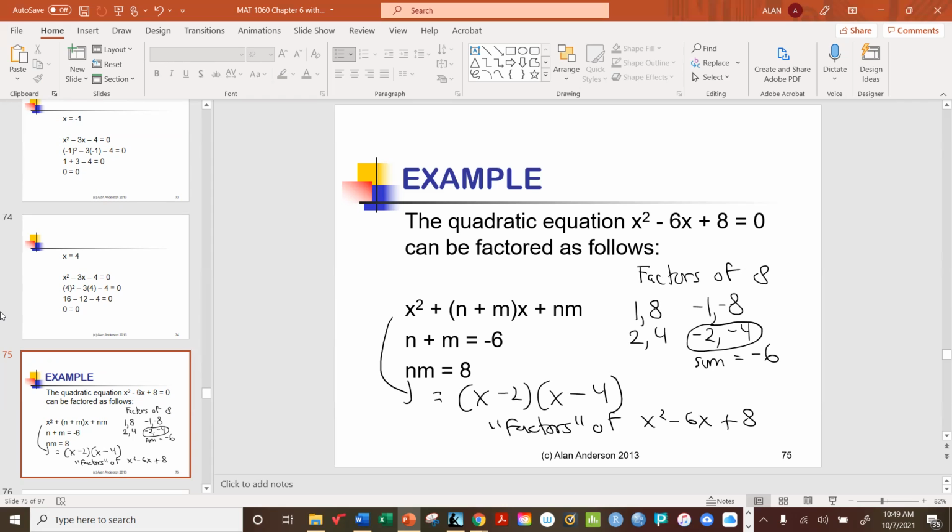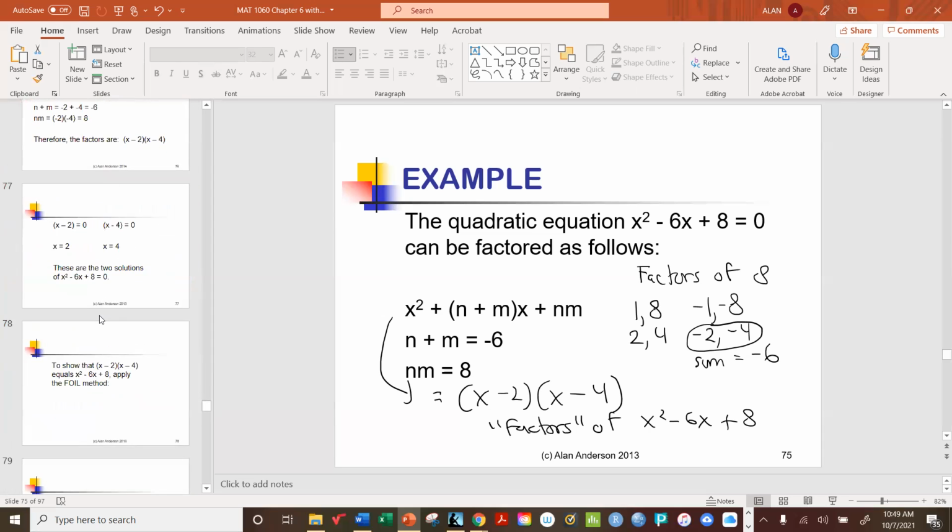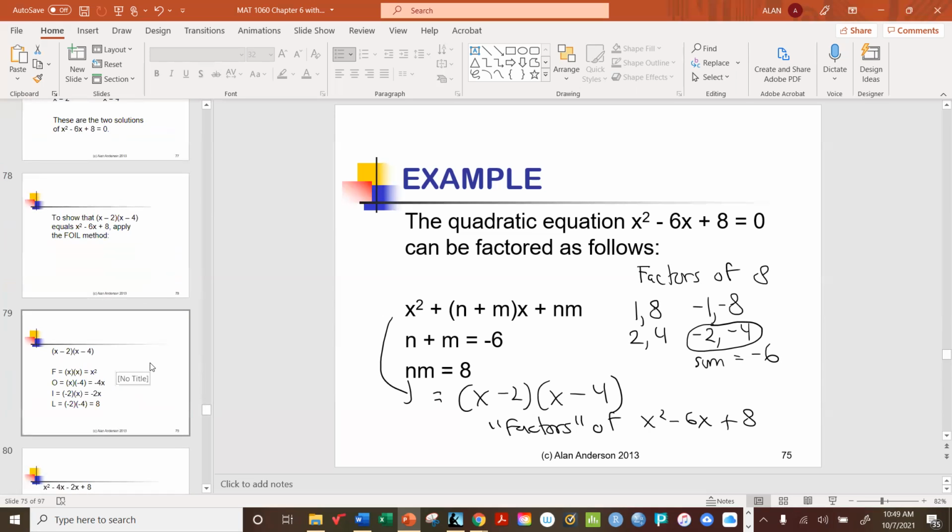Now, we want to do a couple of things. First, let's prove it by using FOIL. So I've done that down here. X minus 2, x minus 4. Let's find out if they bring us back to the original equation.